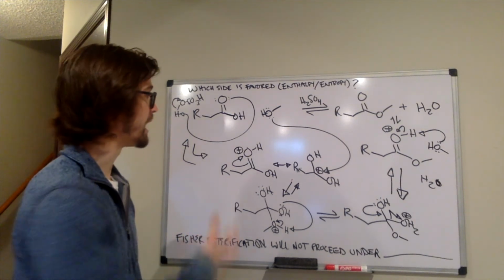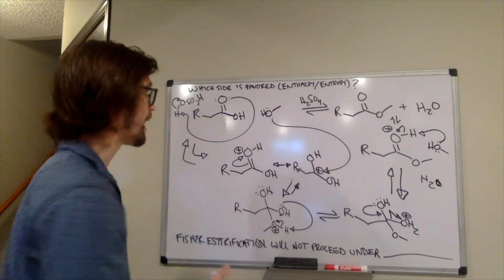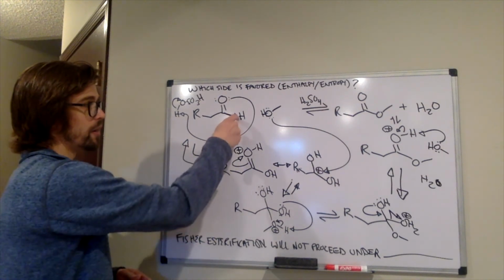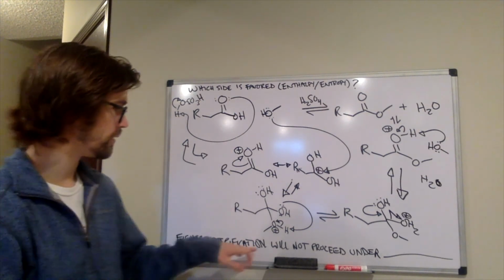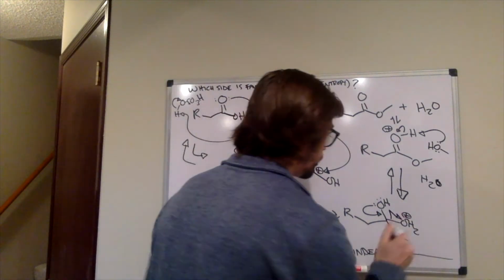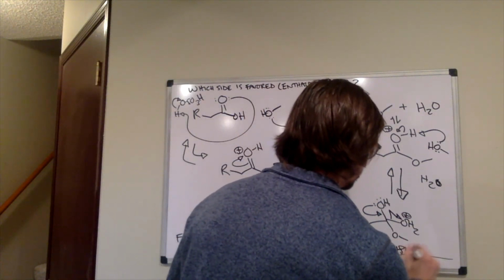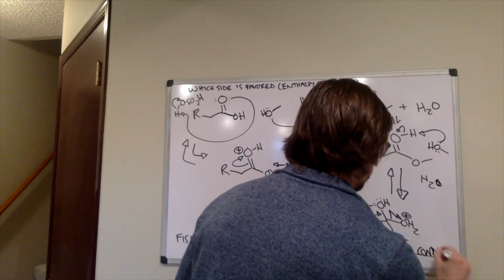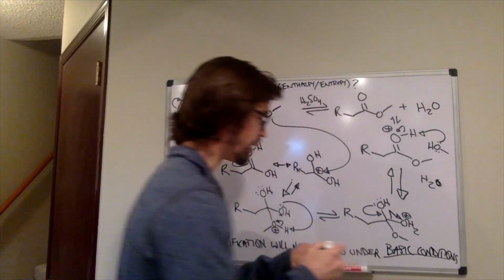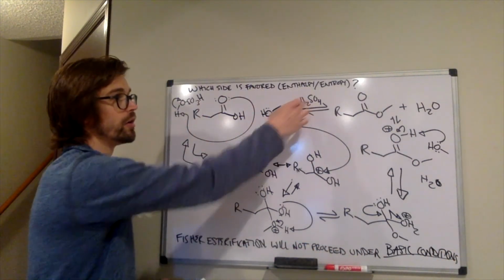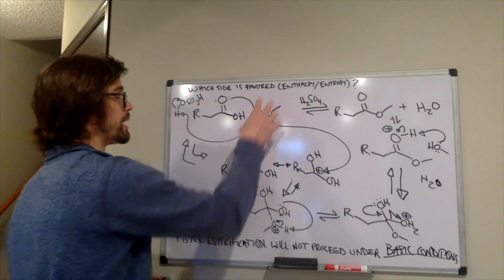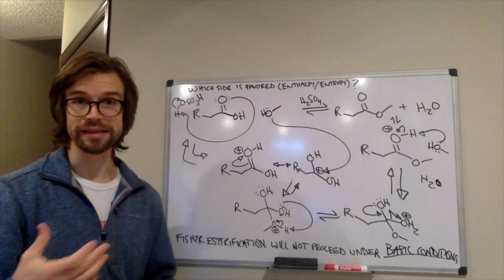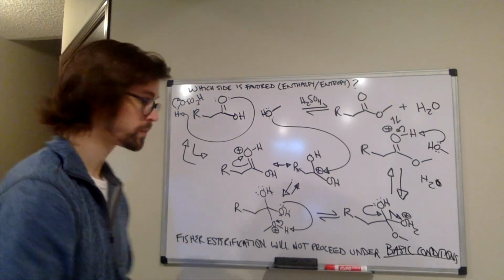Nucleophiles, bases, can't be present in this type of reaction because they'll shut the reaction down by simply deprotonating that carboxylic acid. So Fischer esterification will not proceed under basic conditions. We have to use methanol and an acid catalyst. We can't use methanol and a base to promote this. Okay.